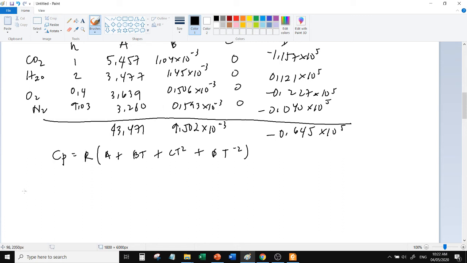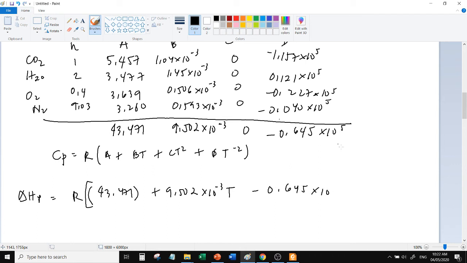So, delta HP is, diba, CPDT? So, that's R times yung constants. T plus 0 yung CT. So, minus siya. Minus the 0 to.